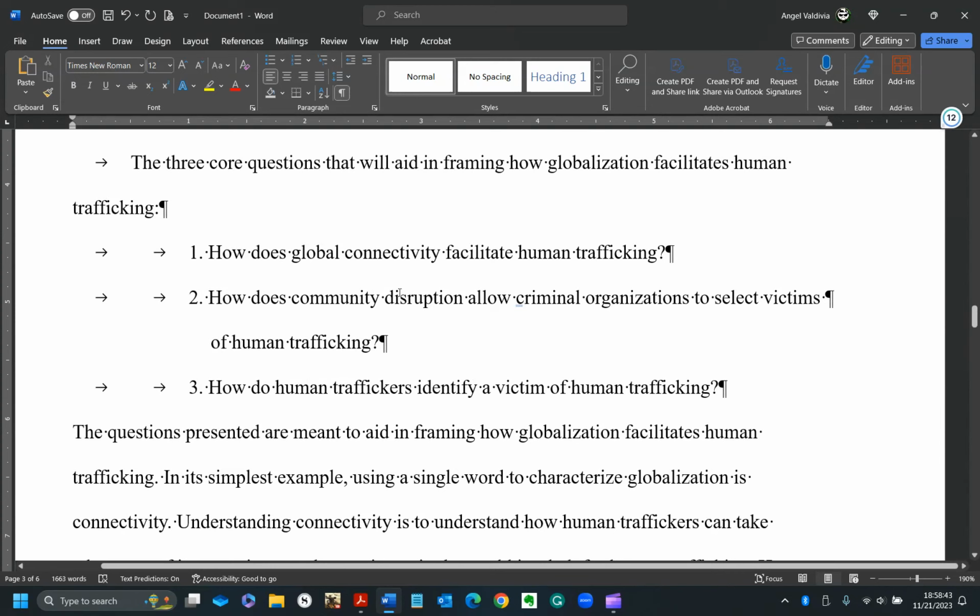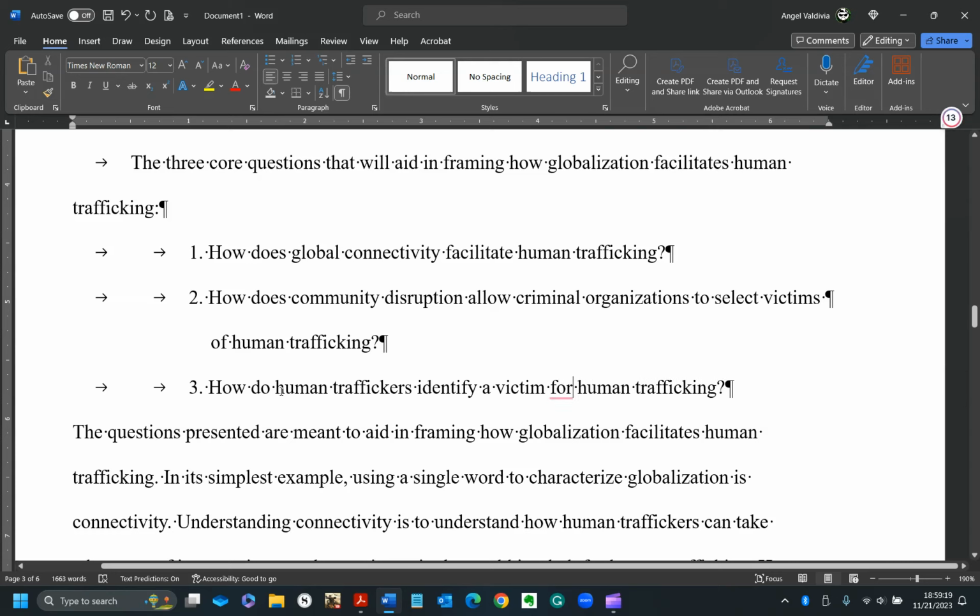So, for example, just to give you an indication, the second subheading would be "community disruption allowing criminal organizations to select victims of human trafficking." And then the third one would be "how human traffickers identify a victim for human trafficking."